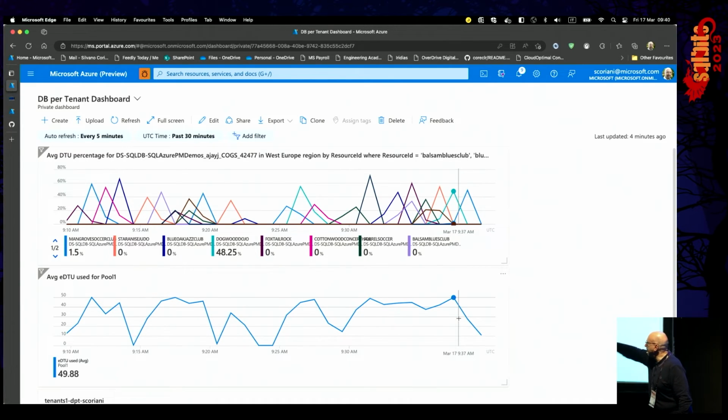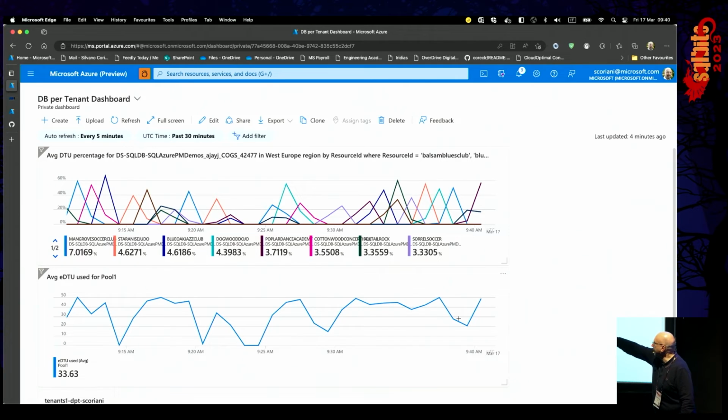So you see below the resource utilization of my pool. You can see that it is going up and down depending on each individual tenant workload. And on the top chart, you see independent tenants' utilization. This app is representing a ticketing SaaS platform that is used by a number of venues like sports centers or music concert halls and so on.